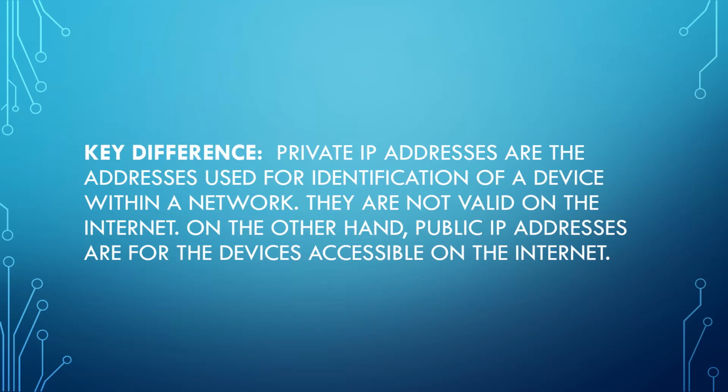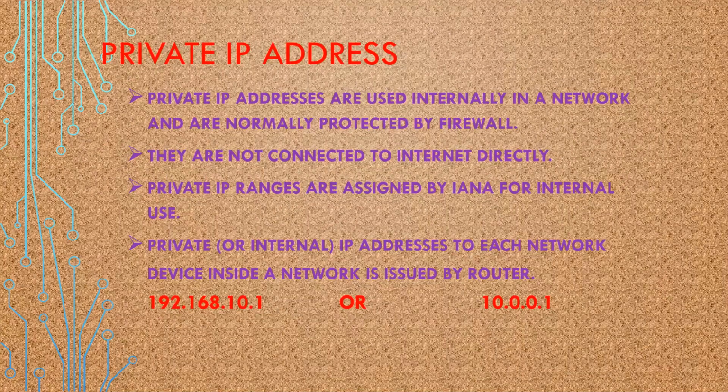For example, internet is provided by the ISP to our routers through a public IP address. So the points for private IP addresses are: they are used internally in a network and are normally protected by a firewall.